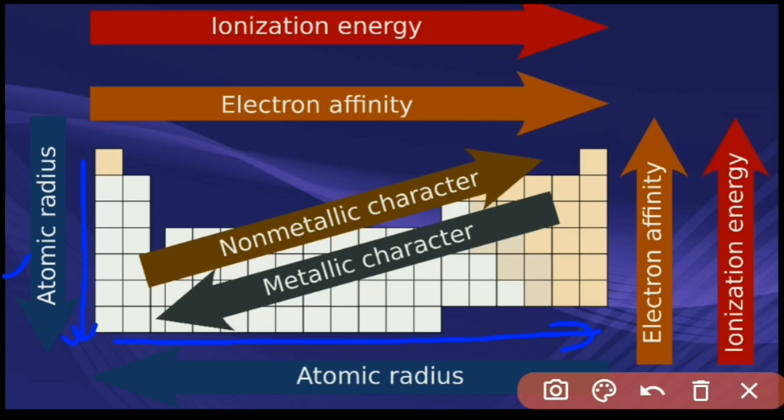Next, electron affinity in a group, when moved from top to bottom, decreases due to the attraction force between the nucleus and valence shell electrons decreasing, therefore electron affinity also decreases when we move from top to bottom. Same as ionization energy, it also decreases when we move from top to bottom in a group.